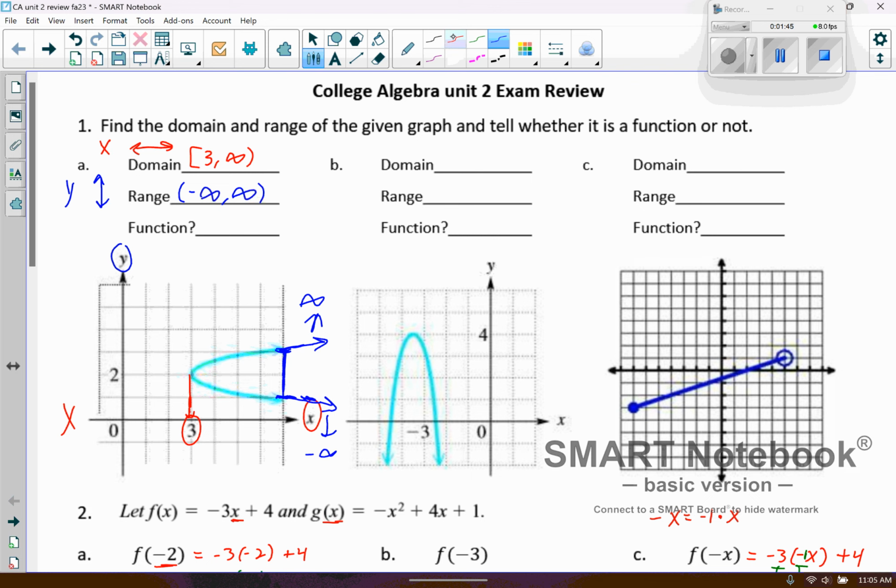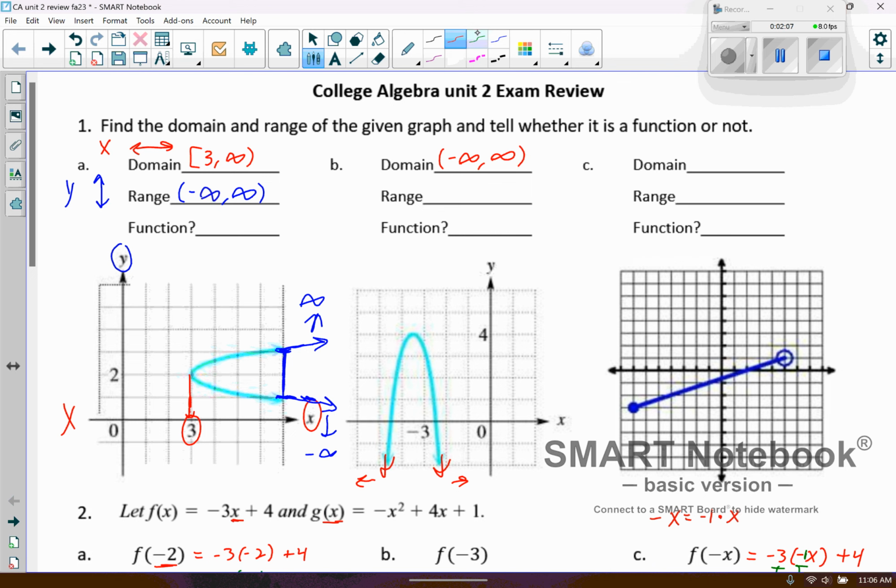So on the next one, part B is similar to part A, except that now the parabola is opening downwards. And so yes, it's going down, that's fine, but it's also going out to the left and to the right indefinitely. So the domain on this one is actually from negative to positive infinity.